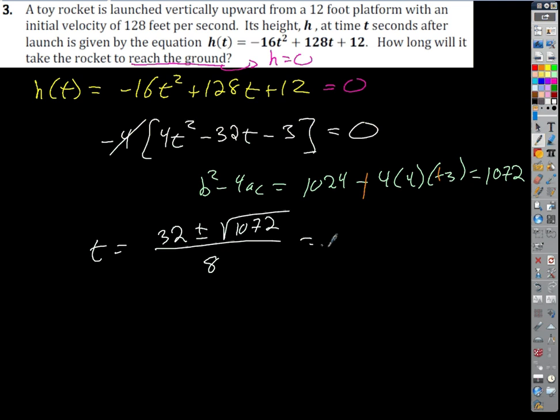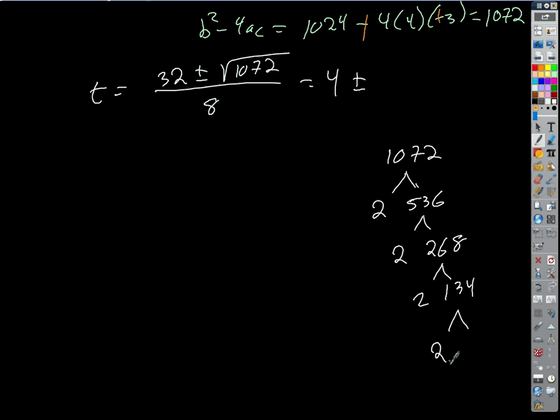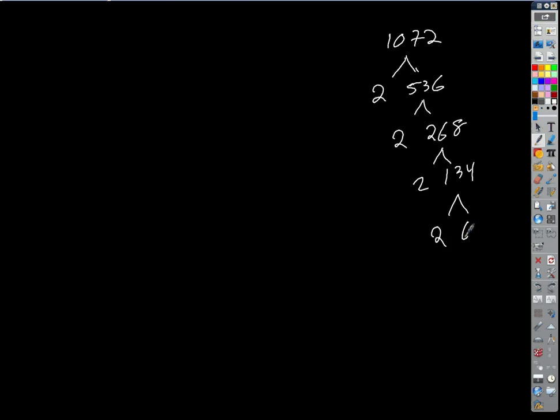So if I split that up, 32 over 8 is 4 plus or minus, let's see, we could probably break this down a little bit. 1072 is going to be 2 and 536, 2 and, what's that going to be? 268, all right? 2 and 134, 2 and 67, you're right.